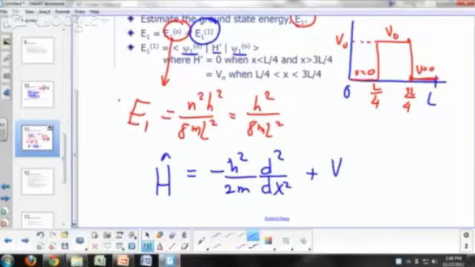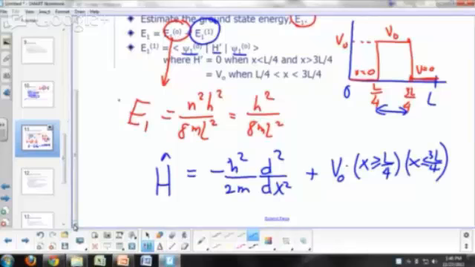Plus your potential energy operator is V naught. But that's only applicable from L/4 to 3L/4. Mathematically, you can write this using a Boolean expression. You can say V naught times x greater than or equal to L/4 times x less than or equal to 3L/4.